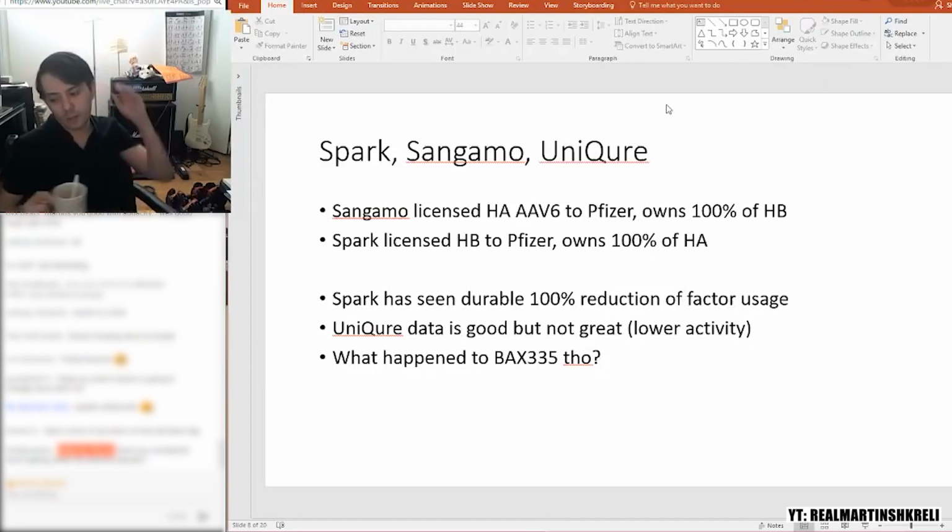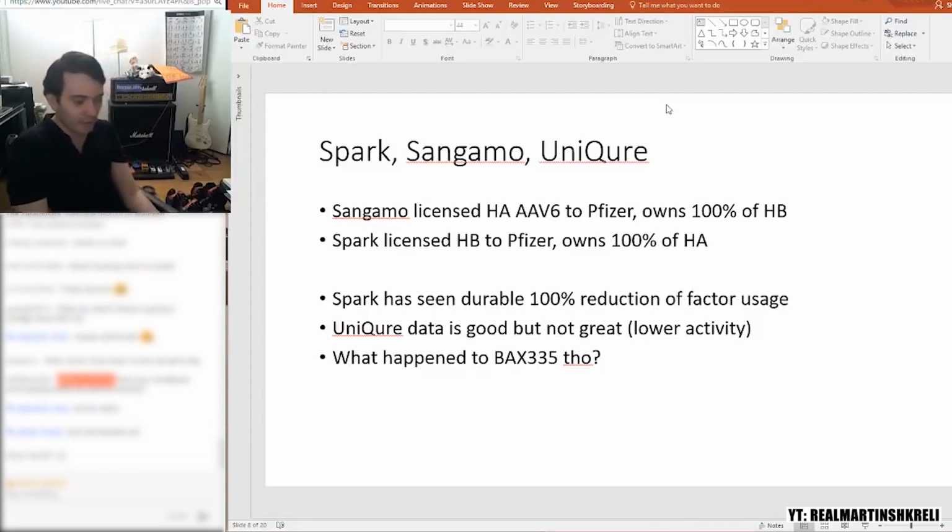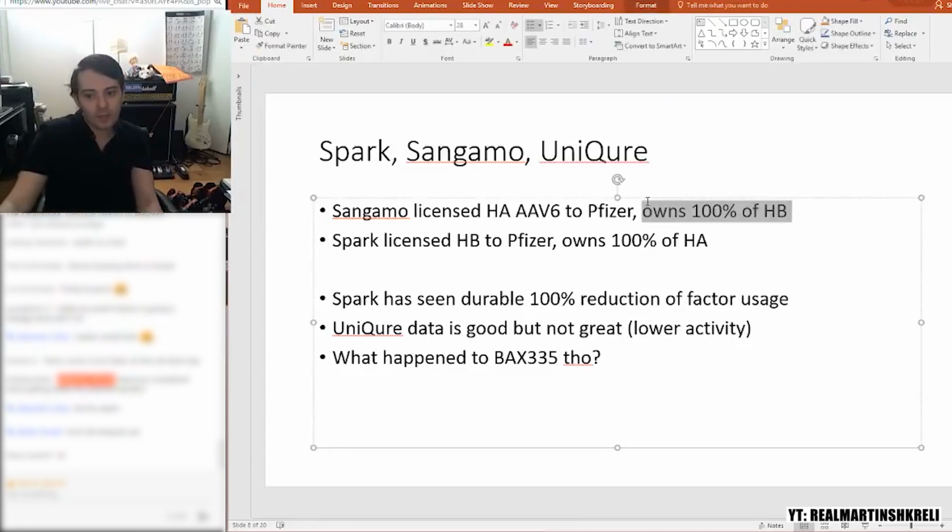To have a complete disappearance of that requirement is really as transformative as it gets. It's kind of what medicine is all about. And I think people in investing kind of understand this is going on, but because there's some Pfizer ownership of some of this stuff, it's not greatly appreciated. And of course, what's interesting is Sangamo and Spark actually still own 100% of one of the two big hemophilia markets.